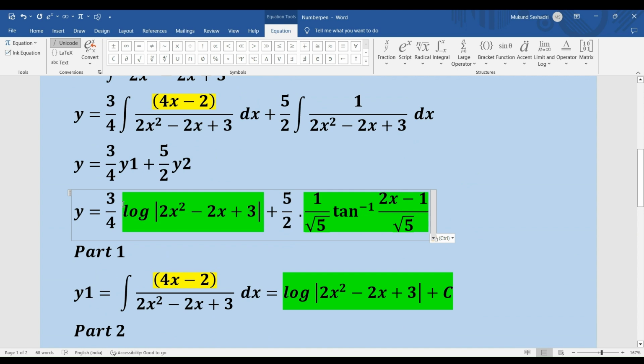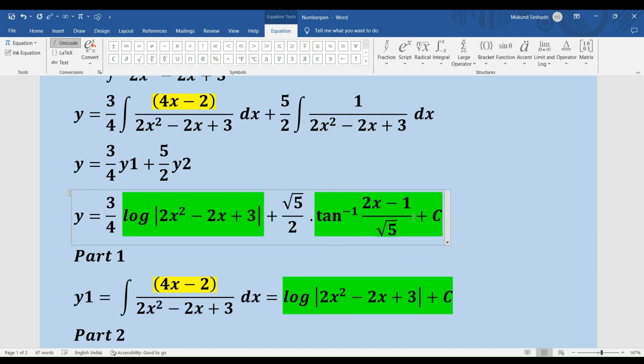So my first part of the expression, I don't think I can do any further simplification. The second part of the expression, I have a 5 by 2 times 1 by root 5. So what is 5 by root 5? It is nothing but root 5, right? So I can remove the root 5 in the denominator and I can express this as root 5 by 2 times the tan inverse expression, right?